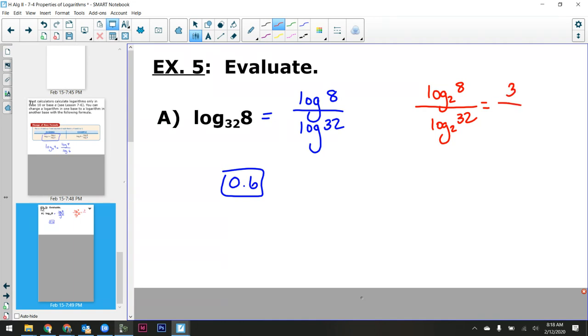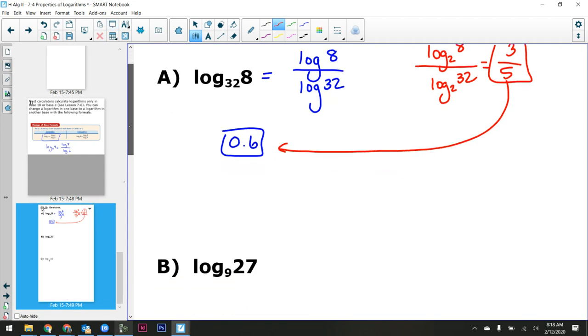What is log base 2 of 32? 5. What is 3/5? 0.6, right? So I can change the base into whatever I want. It just happened that 2 was a nice base for both 8 and 32. Okay, that doesn't always work like that.